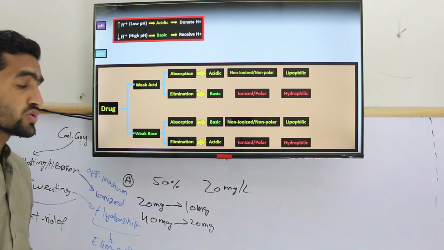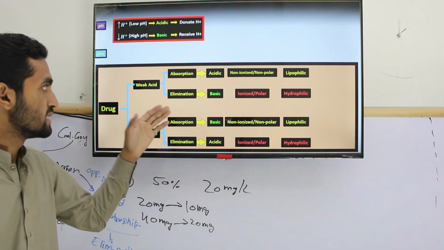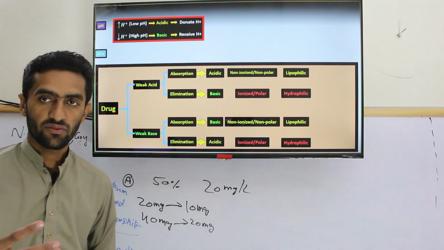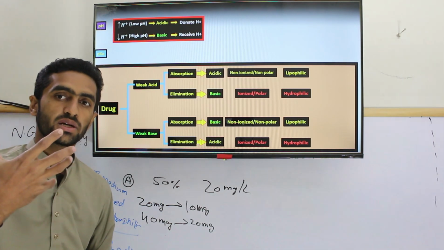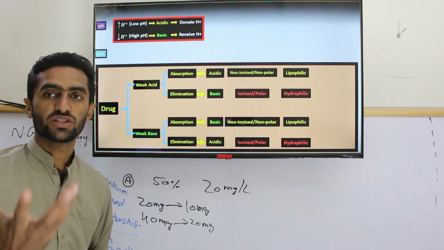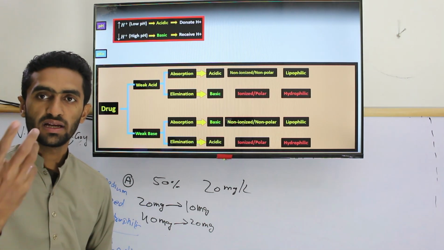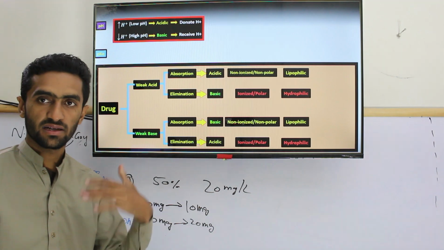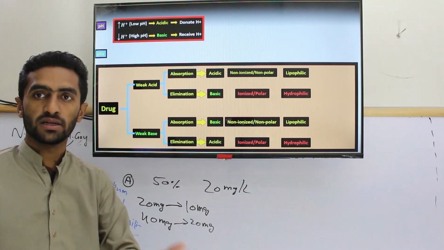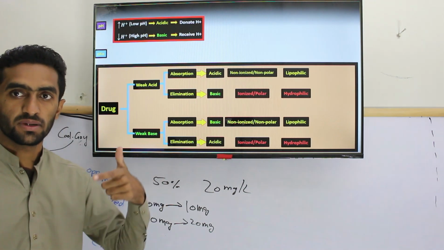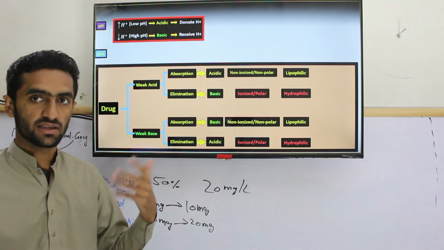This is very important because, for absorption, an acidic drug would like to absorb in the stomach. Why the stomach? Because the stomach pH is low, meaning it's more acidic. A weak base drug would like to absorb in the intestine, because the pH there is greater than the stomach.